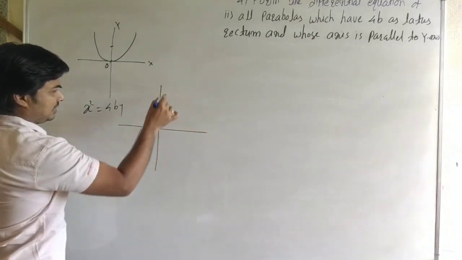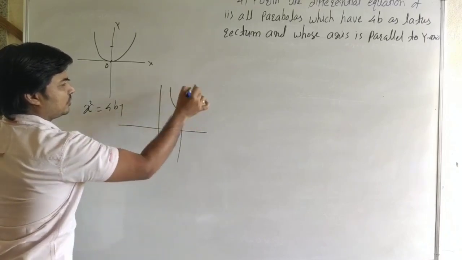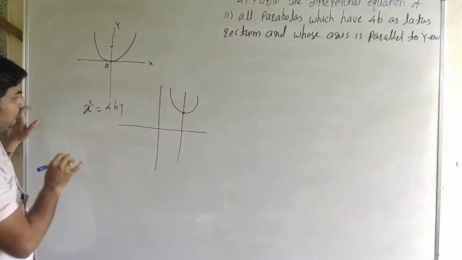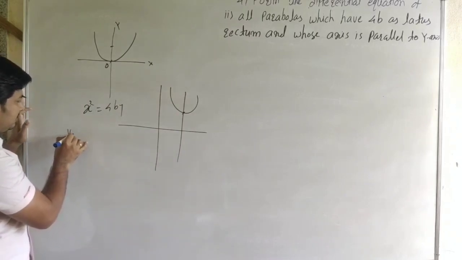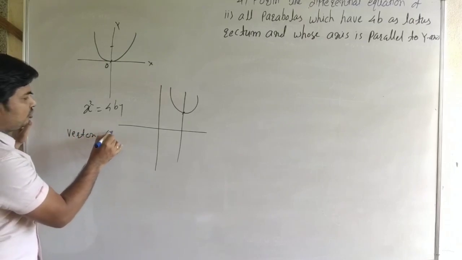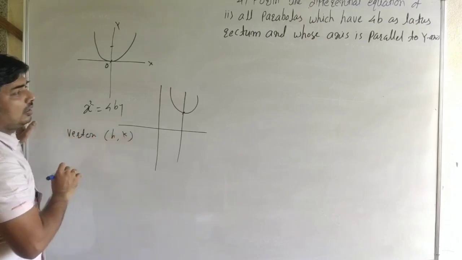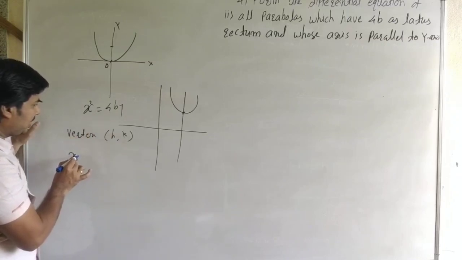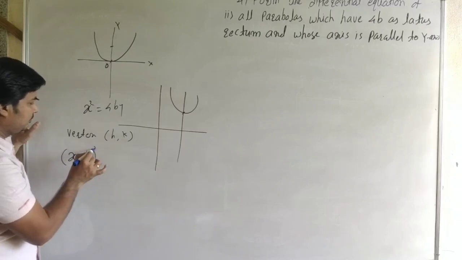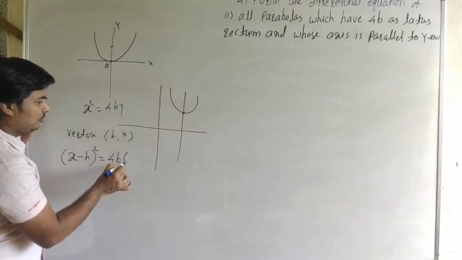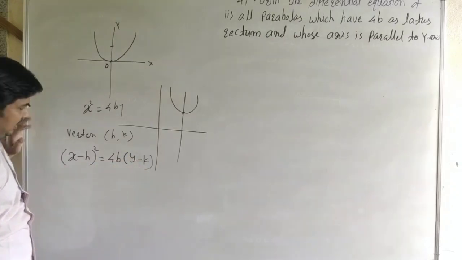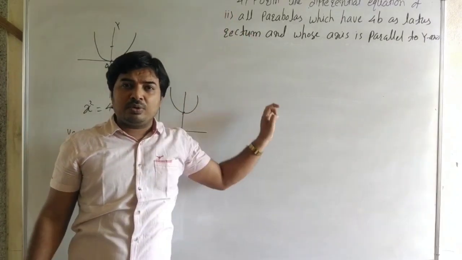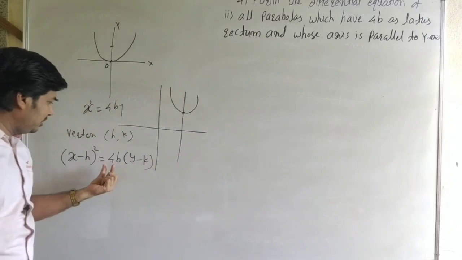The vertex is any point, say h comma k. Then when the vertex is h comma k and the axis is parallel to the y-axis, the equation of the parabola is (x minus h) whole square is equal to 4b(y minus k). This is the equation of the parabola whose axis is parallel to the y-axis and length of latus rectum is 4b.